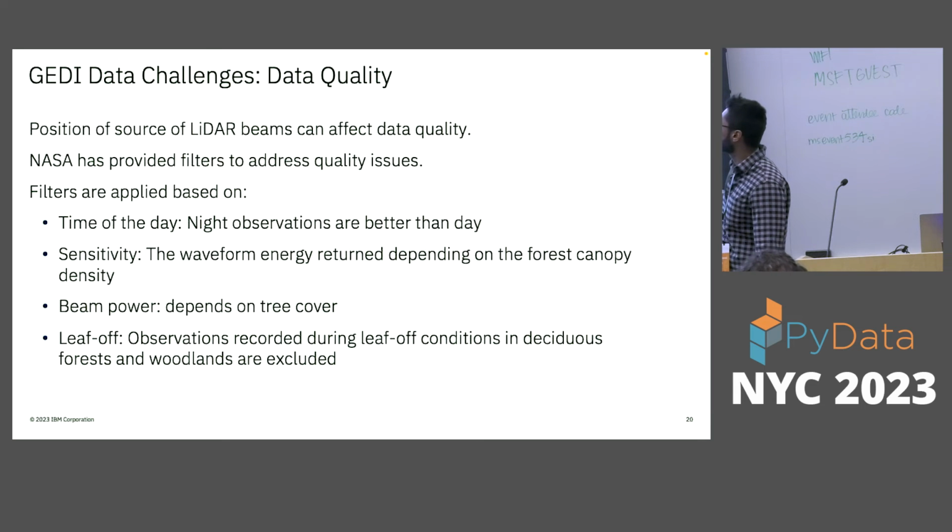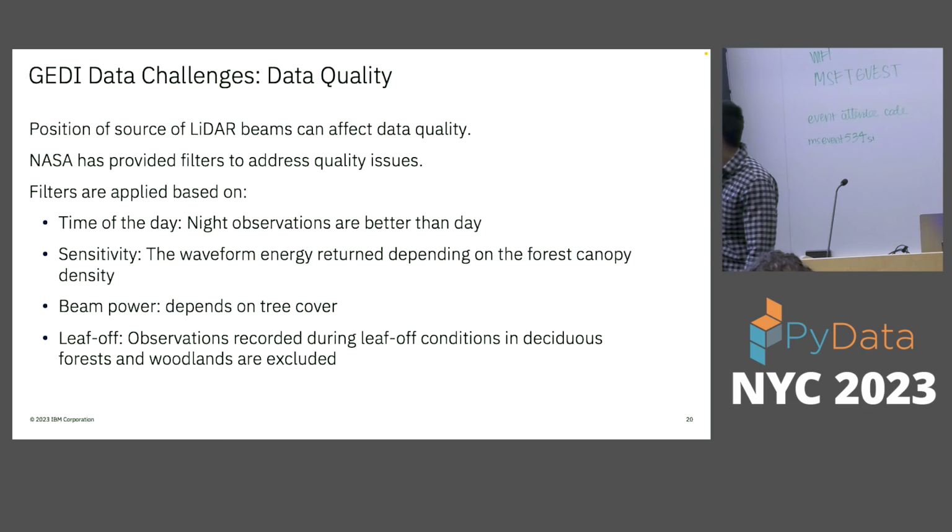And then there are some aspects related to the sensitivity. Everywhere on Earth, different areas have different density of vegetation. Very dense vegetation will require a higher power of the laser to penetrate it. So different areas will have a different sensitivity measurement, which NASA recommends that you take into consideration as well.